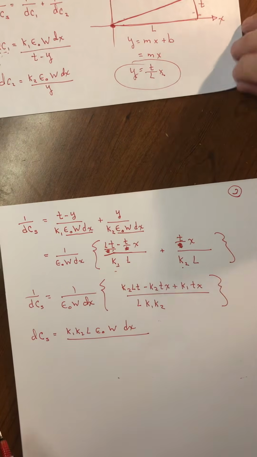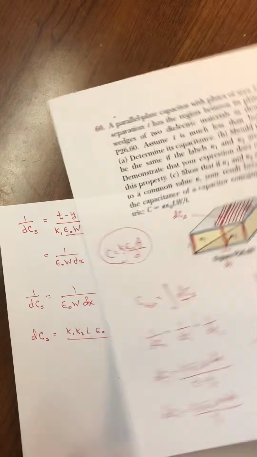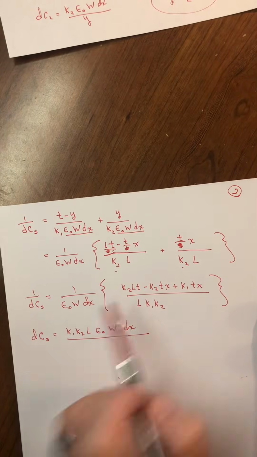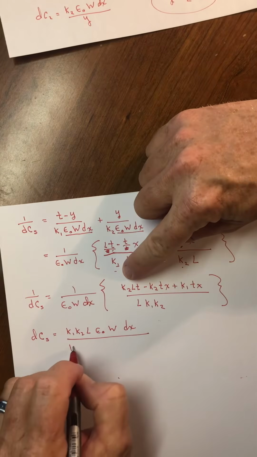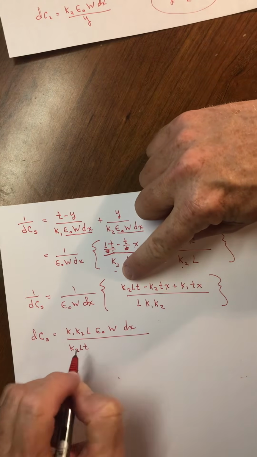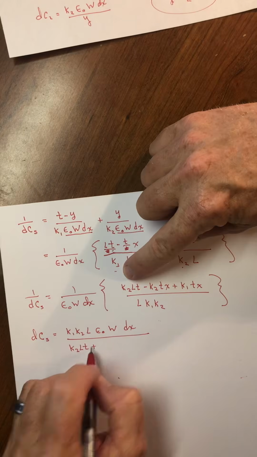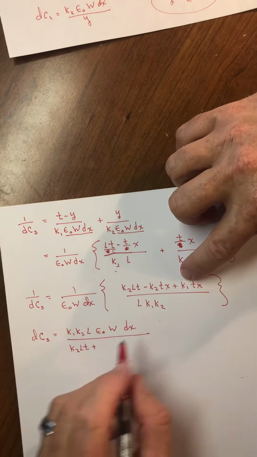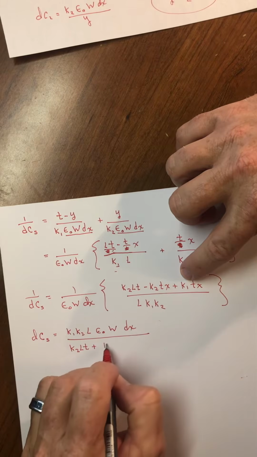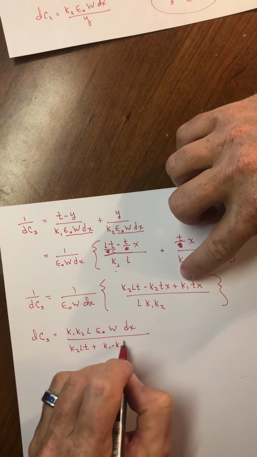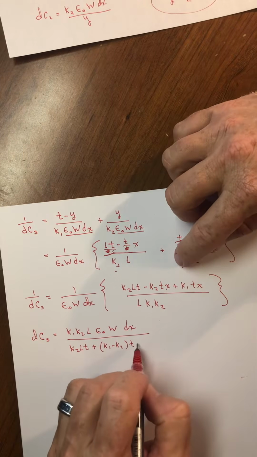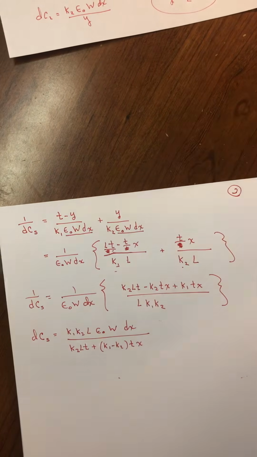And knowing that soon I'm going to be doing an integral, let me put my x's stuff together. And so I'll leave this first term alone, kappa 2 LT, plus, and then looking at this, it looks like I've got a kappa 1 minus kappa 2, a thickness, and an x.